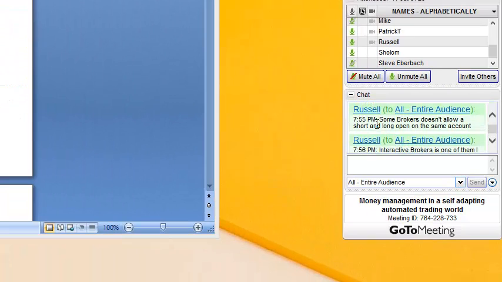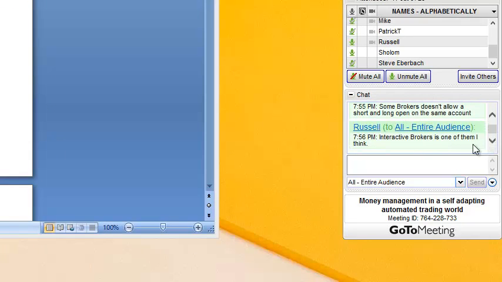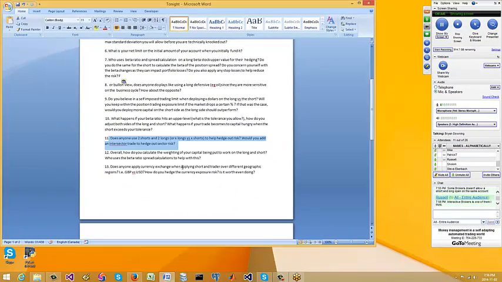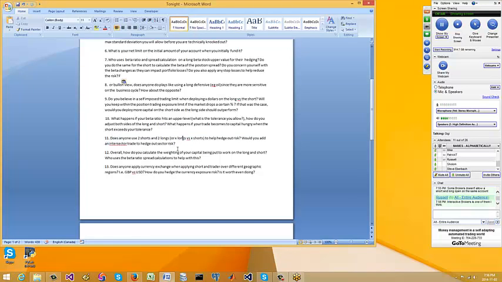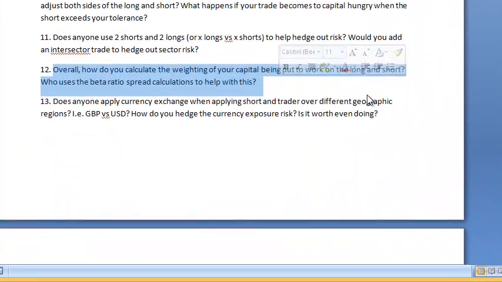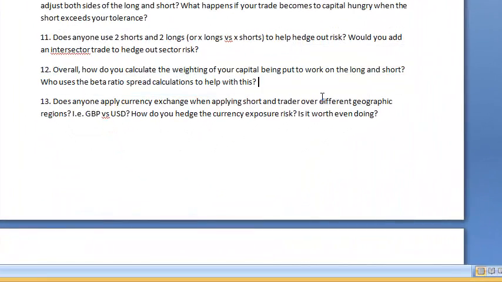Russell came back with something interesting. Some brokers don't allow short and long open on the same account. Interactive Brokers is one of them. Actually, it's illegal to allow this in the US, so you can't offer this in the US. I'm using 2 different accounts. Yes, but in the same account, it's not allowed in the US. It's physically impossible.